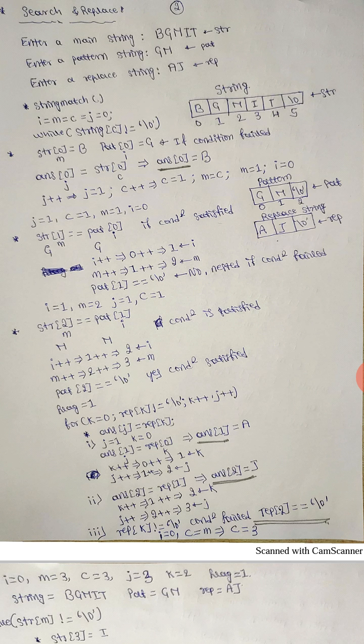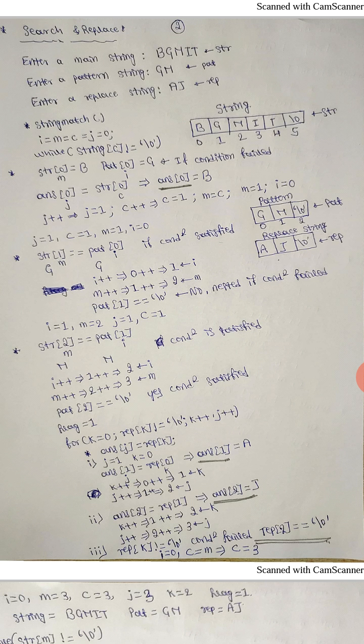But generally, it is not necessary that the size of the pattern string and the size of the replacing string should match. It may vary. As we have stated, whenever we represent the string in an array format, every string ends with \0.